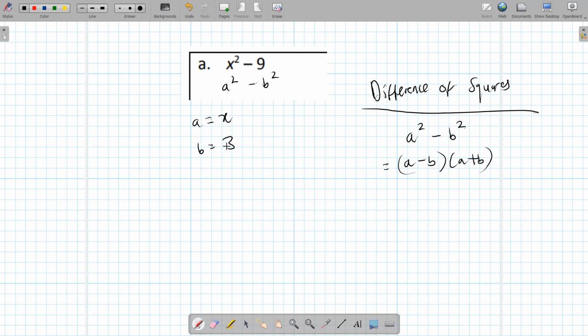So now we can rewrite this as what? We know what a is. A is x. So we can rewrite this as x minus 3 times x plus 3. And just like that.